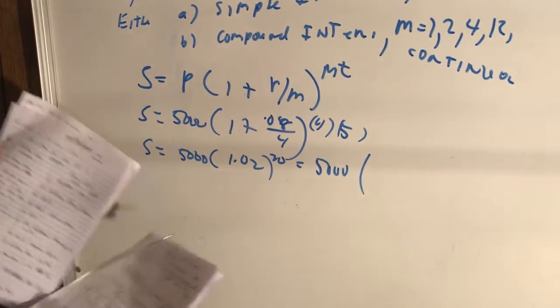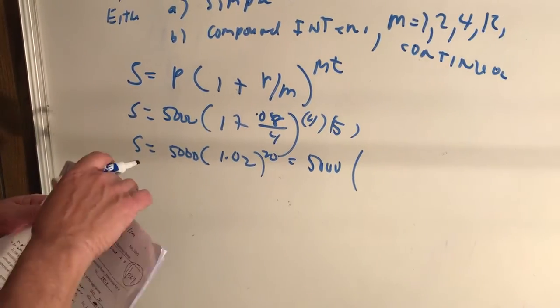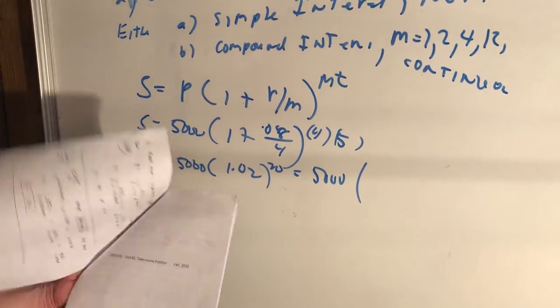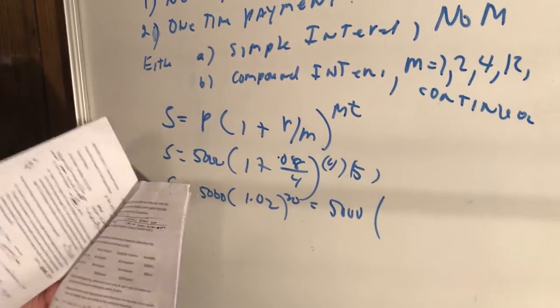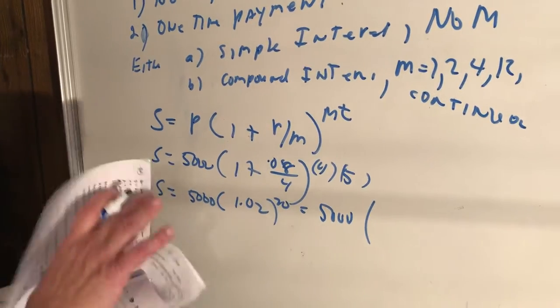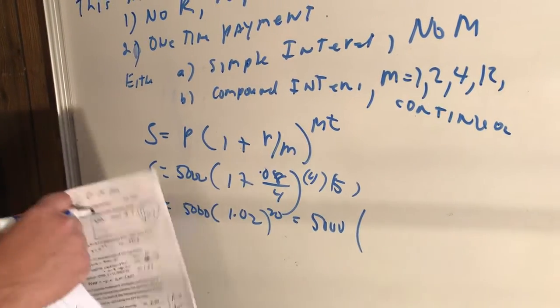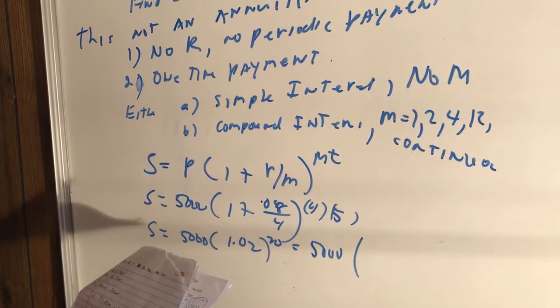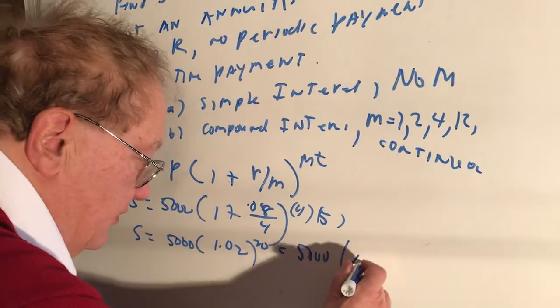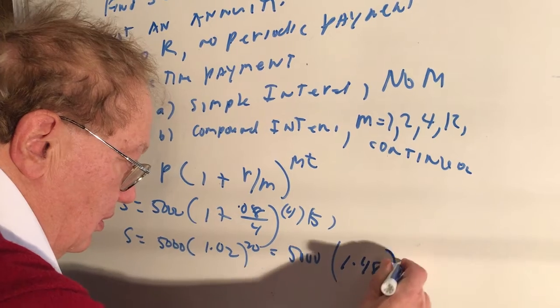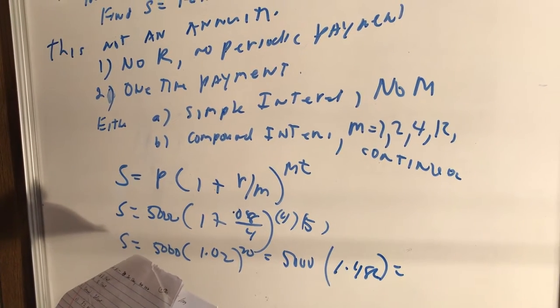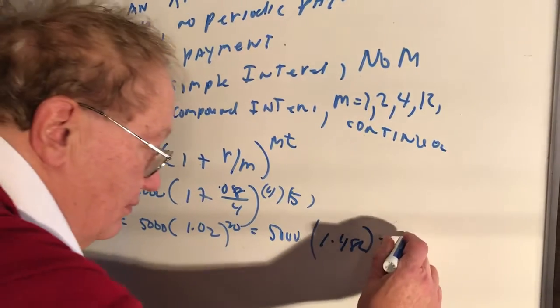I should turn to my calculations rather than just give the answers. Just give me 1 second. Here we go. So compound interest is 50,000 times 1.486, and our future value is 74,297.